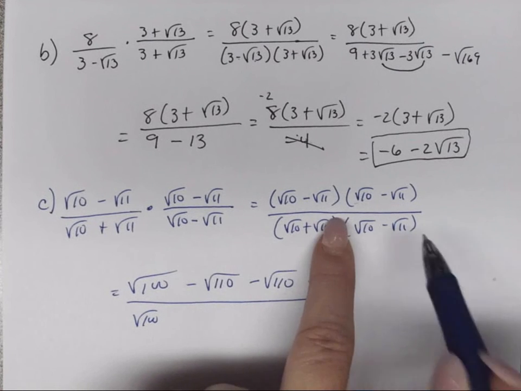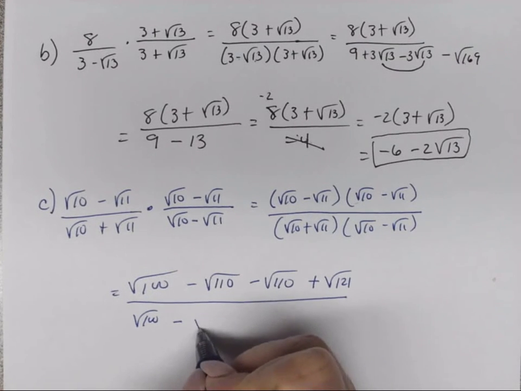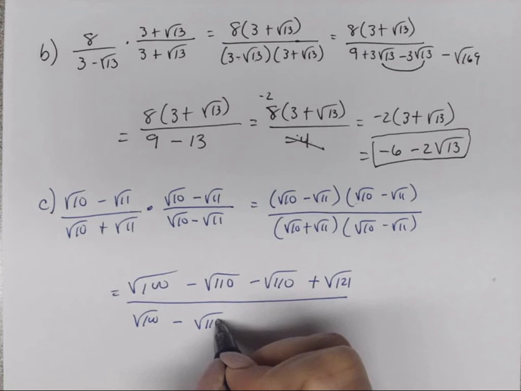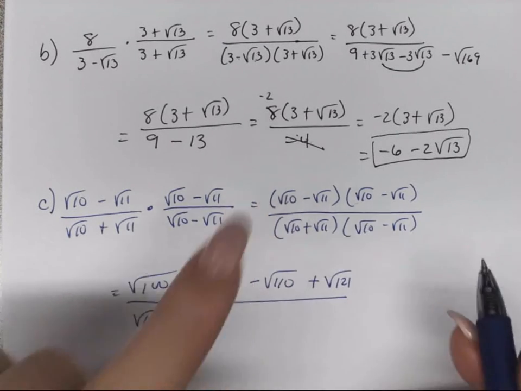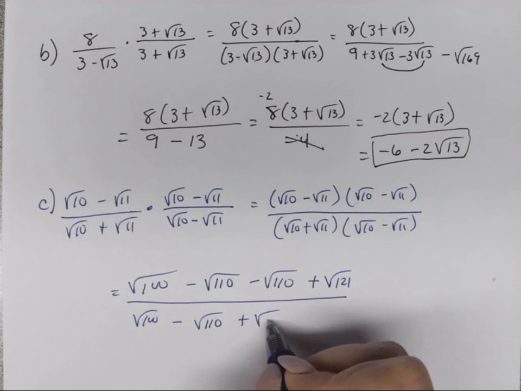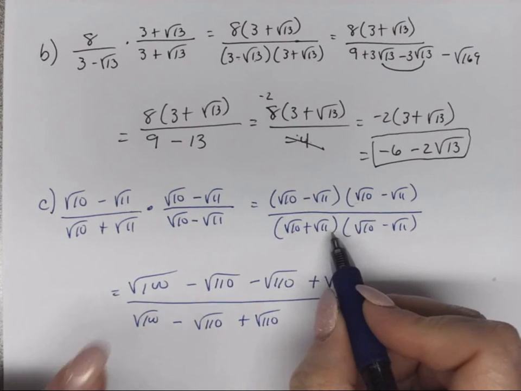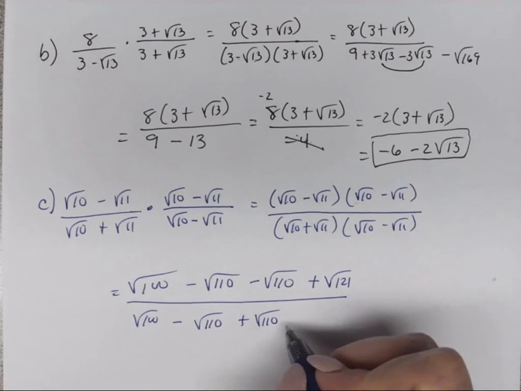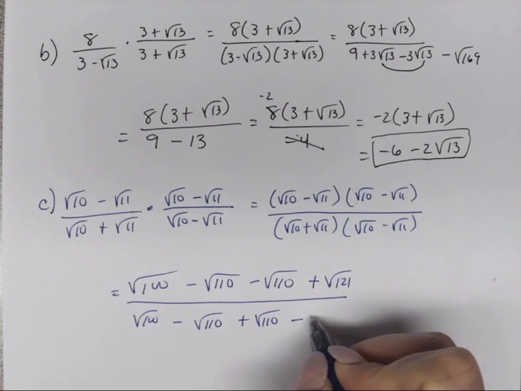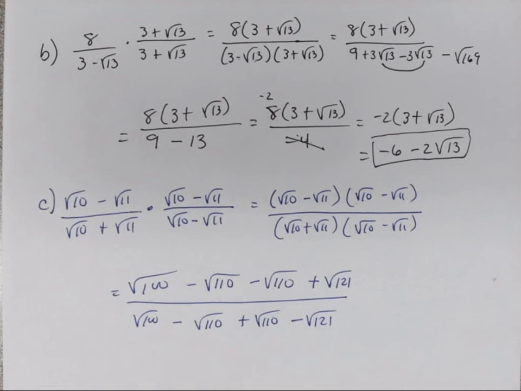Square root of 10 times negative square root of 11 will be minus the square root of 110. Square root of 11 times square root of 11 will be plus that square root of 110. And square root of 11 times negative square root of 11 will be minus the square root of 121.